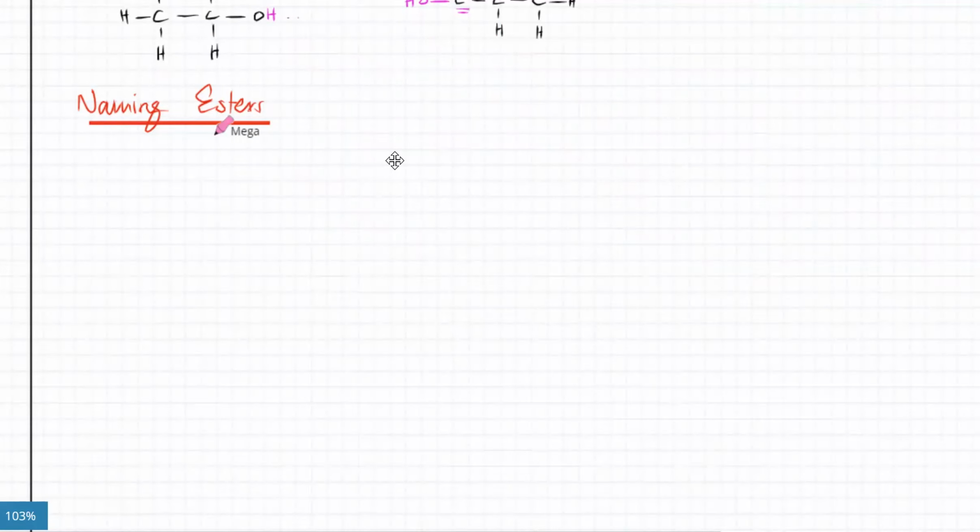So if I draw a random ester, so 3 H's with this, 2 H's with this one, 2 H's and 3 H's. So how do I name this thing? What do I call this?